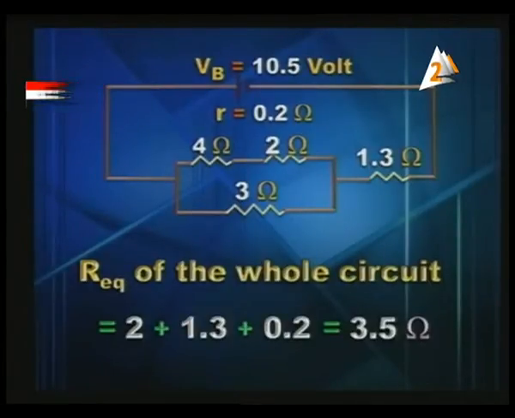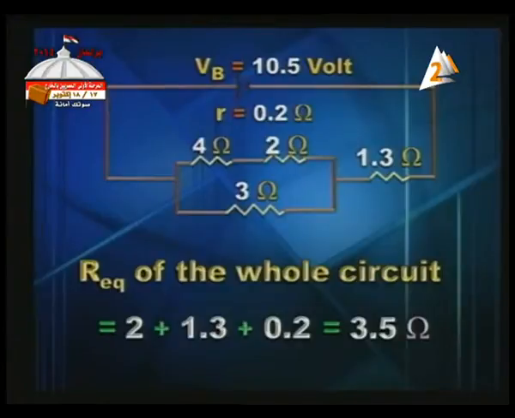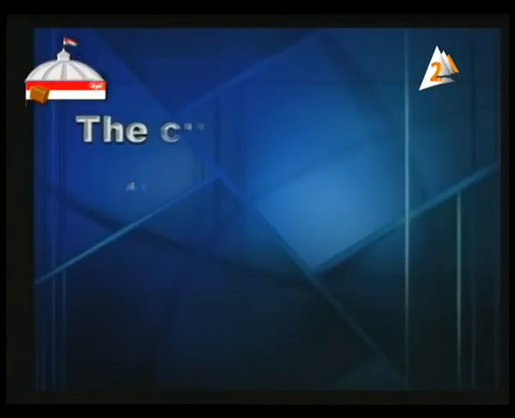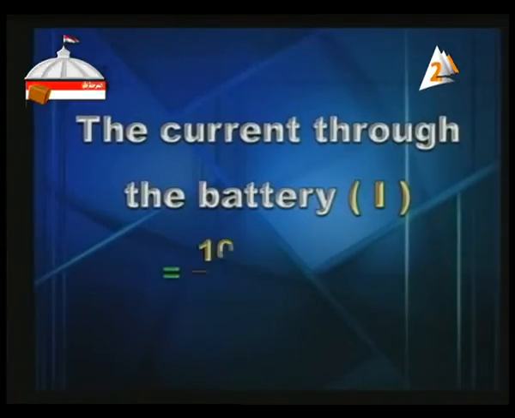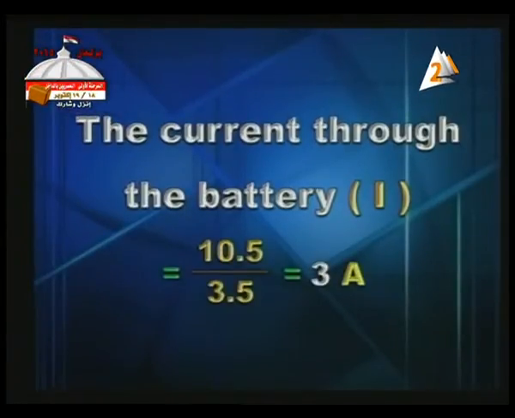We managed to obtain the total resistance of the circuit, including the internal one, and we've got the EMF of the battery, V battery, so we can use Ohm's law of closed circuit to determine the current through the battery. So the current through the battery I equals 10.5 over 3.5, it is 3 amperes.